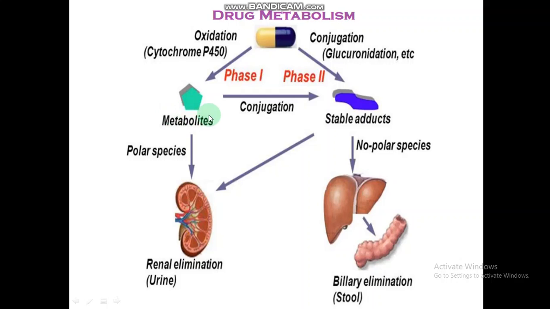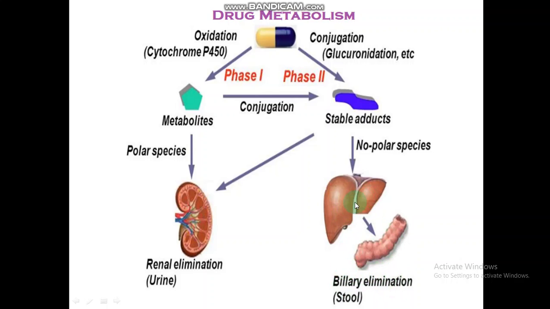And if our metabolite, after conjugation or oxidation, is a stable product and is not excreted in the urine, then it means that it is a non-polar species. Non-polar species will go through biliary elimination.